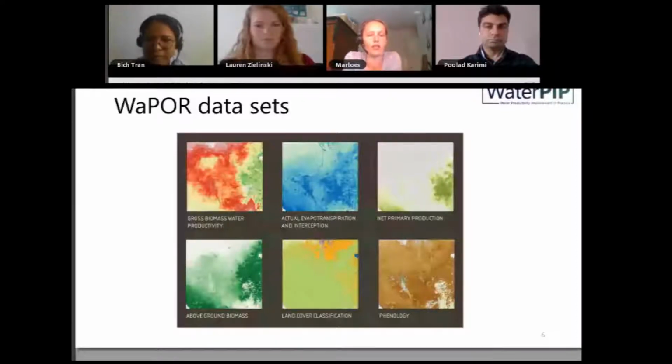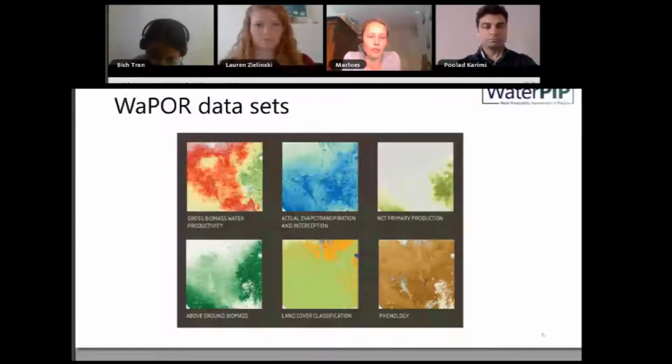But there are also underlying data sets that have been used for these analysis, like the actual evapotranspiration and interception data, which is available as a composite, but there's also a split between or the individual evaporation, transpiration, and interception layers are also available.